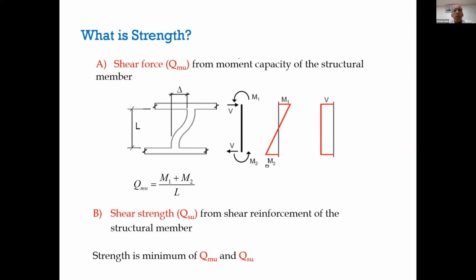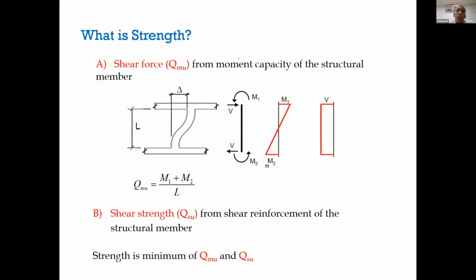I think almost all are familiar with these terms, but even so I will speak a little about them. How do we calculate the strength? There are two considerations of strength. One is from the flexural capacity of the column.